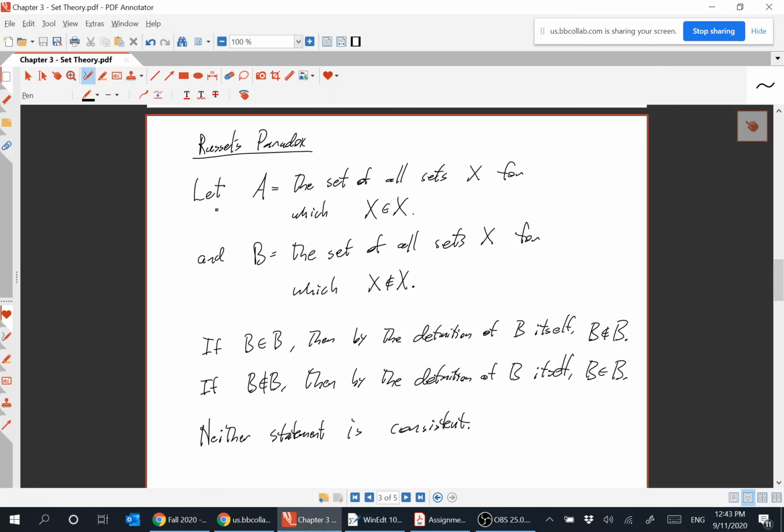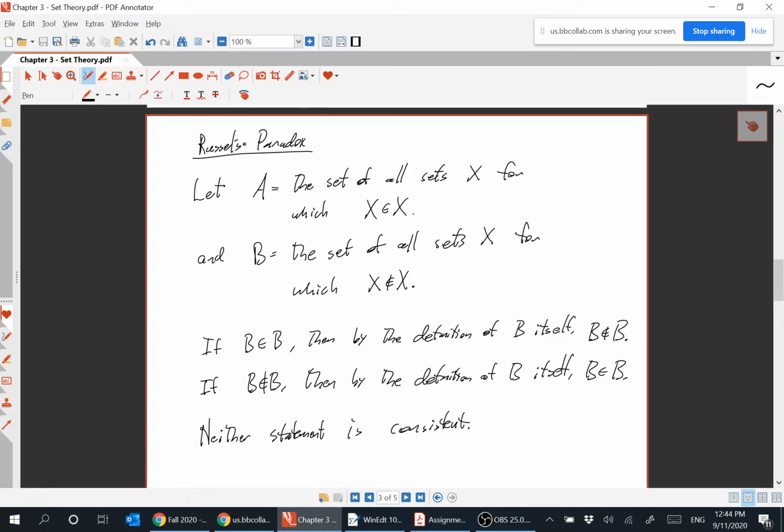So who shaves the barber? Right? Who shaves the barber? If he shaves himself, then he can't shave himself, because by definition, he only shaves people who don't shave themselves. So if he doesn't shave himself, then by definition he has to shave himself. Right? So it's similar to Russell's paradox.